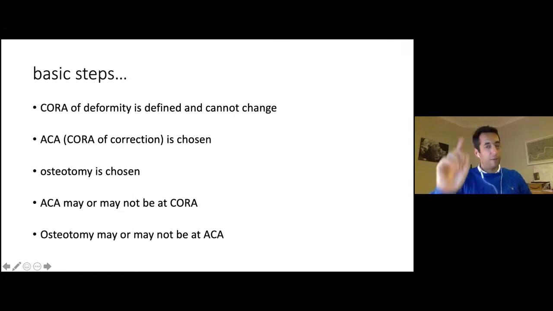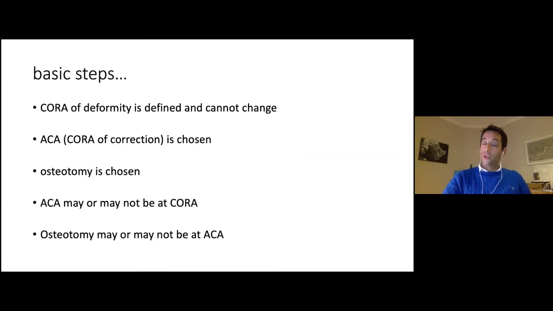That's not the same as the CORA. So you can choose a point of rotation for your correction, but you cannot change the anatomic location of the CORA from maths. You can choose where to put your osteotomy, and your point of correction, the hinge, the point you choose, can be or cannot be at the CORA, and your osteotomy can be and cannot be at the CORA.